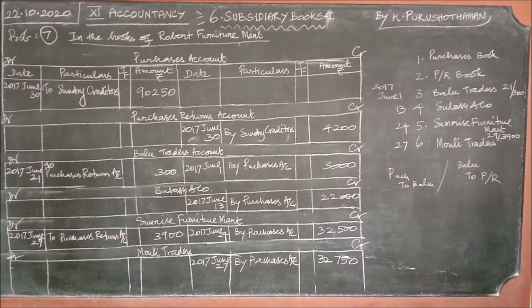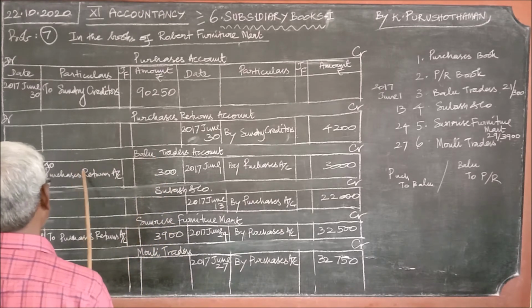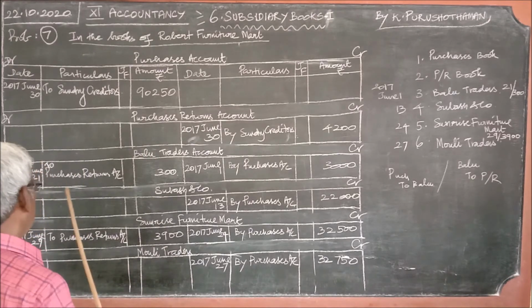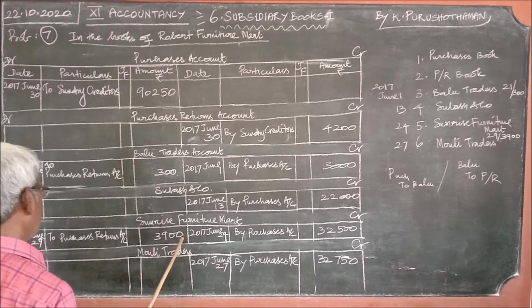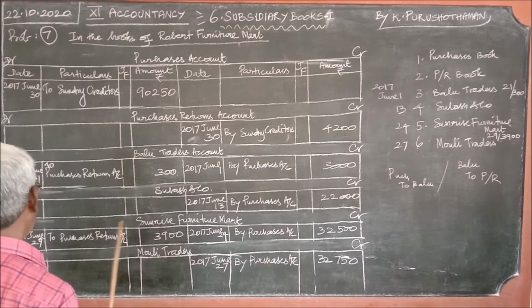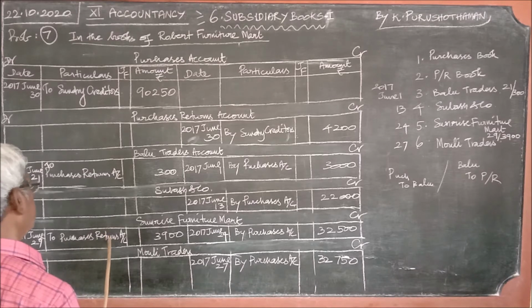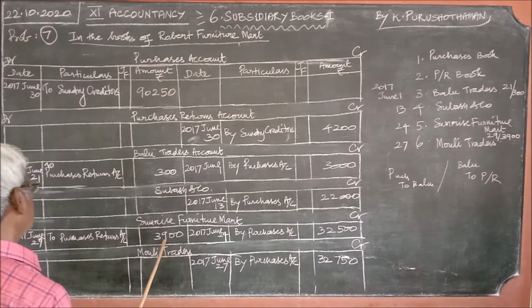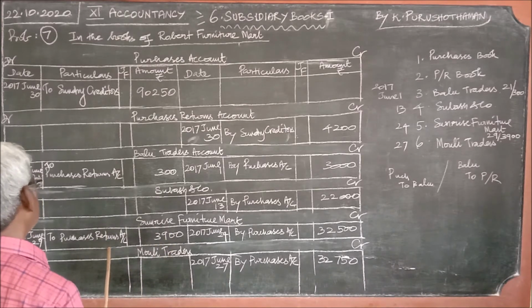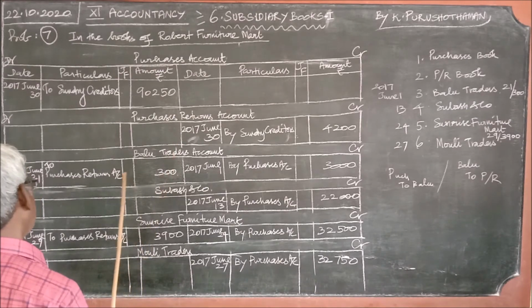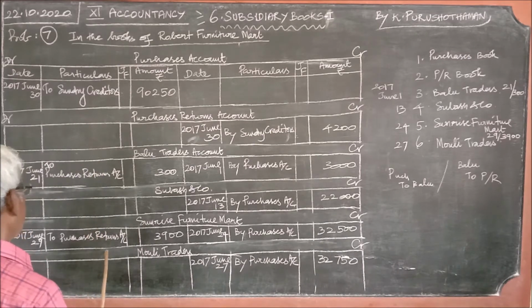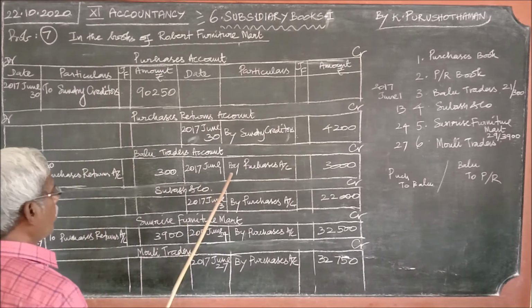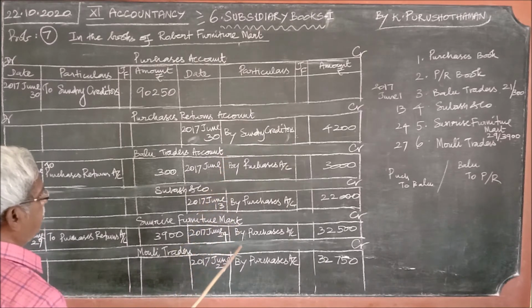For some traders, there is a return also. Balu Traders and Sunrise Furniture Mart had returns, so we pass the entries there. Otherwise, for only a purchase, we write purchase account.